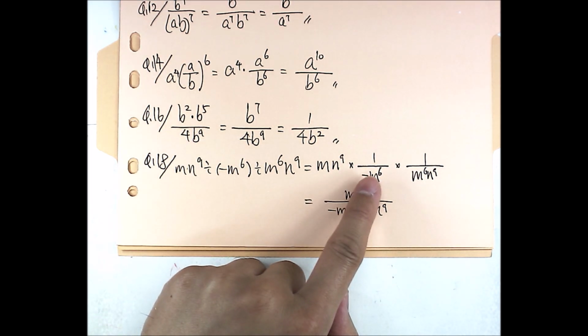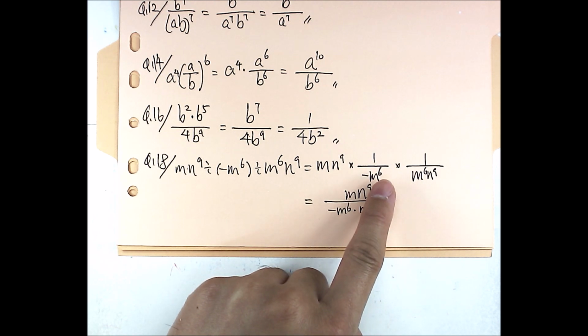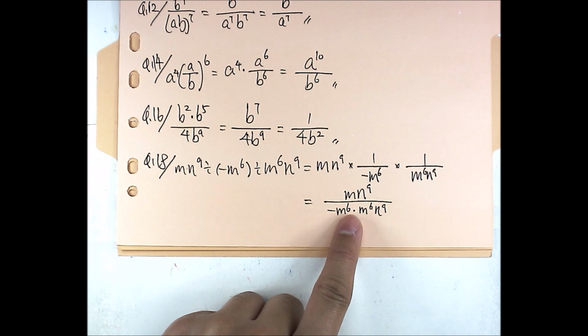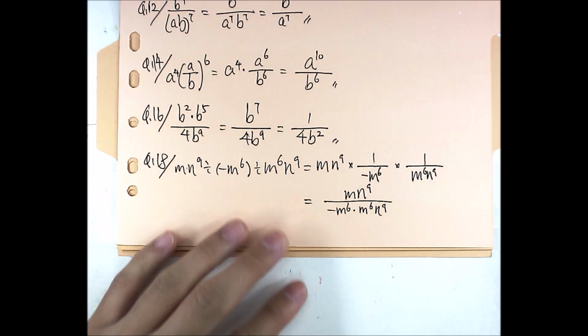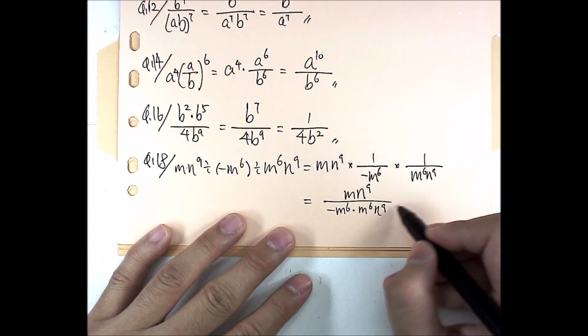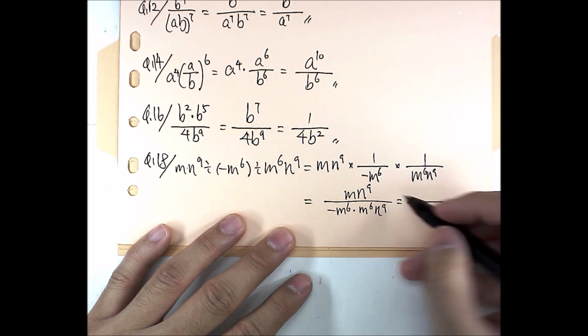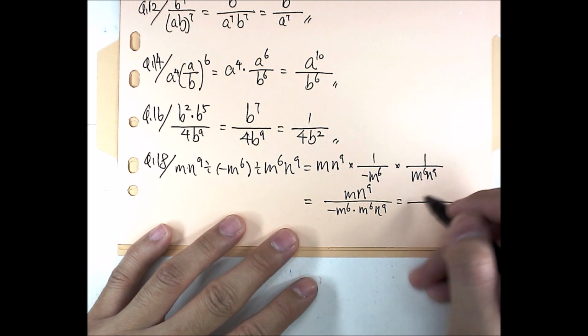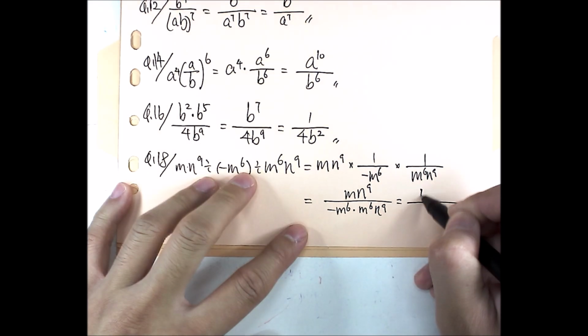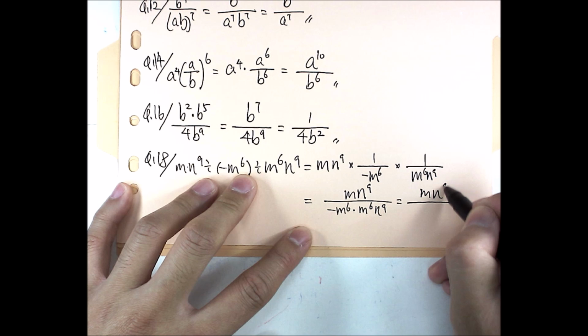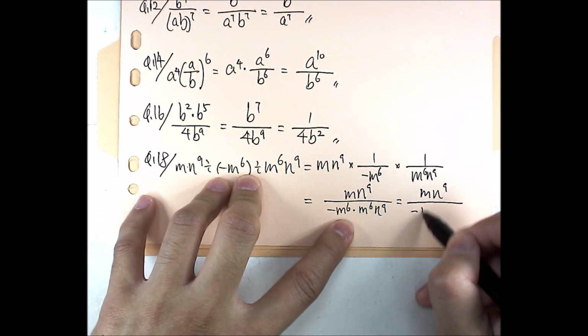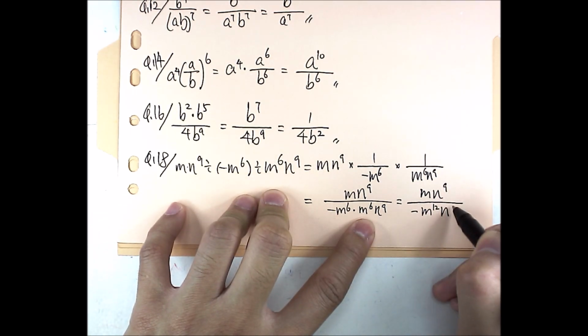Because when a fraction is multiplied by a fraction, you multiply the denominators together and the numerators together. Next we do some simplification. You don't have to do the cancellation first, because we do some m here, minus, this is m to the power 12, n to the power 9.